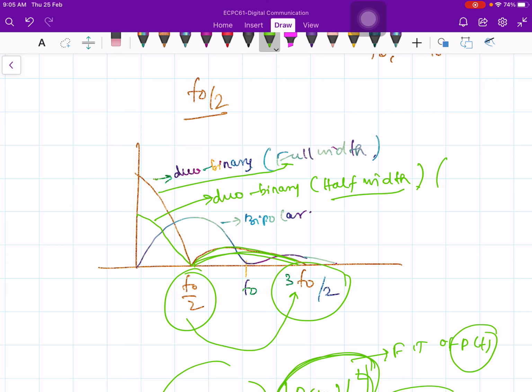So here I have plotted the duobinary scheme spectrum. When you take the pulse not to be a half width pulse but a full width pulse, this indicates the spectrum of the rectangular pulse of width T0.